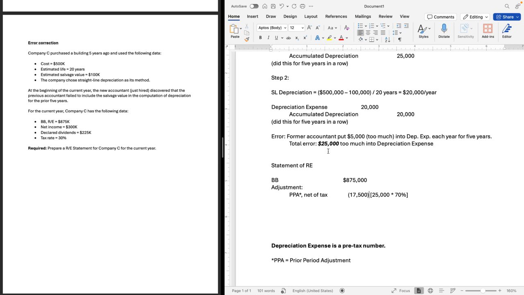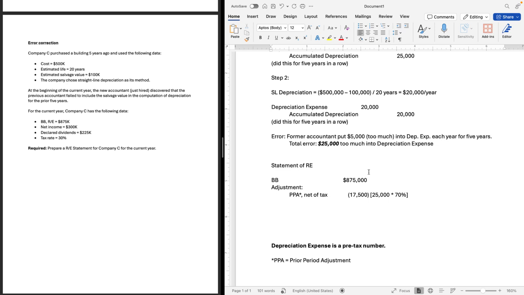Now, when I say that, some of you are going to think that this is a subtraction, but you would be wrong. And here's why. Yes, the error was that you put too much depreciation, the former accountant, not you. The former accountant put too much depreciation expense into the records.